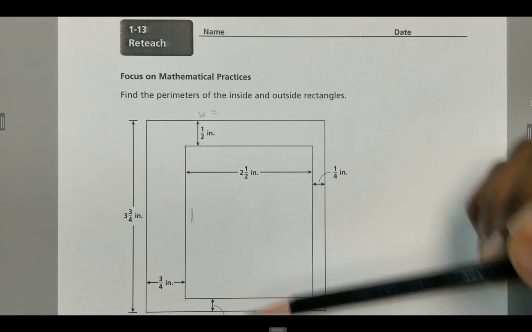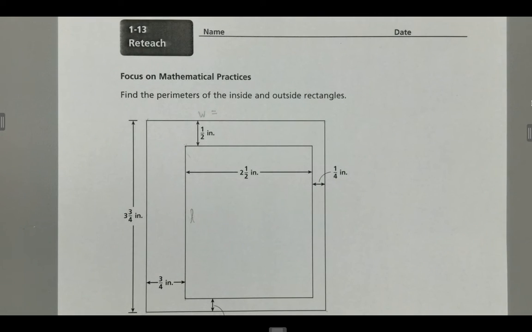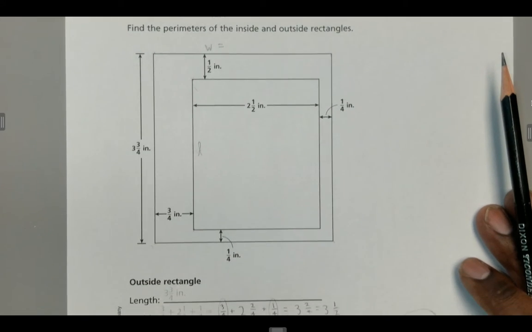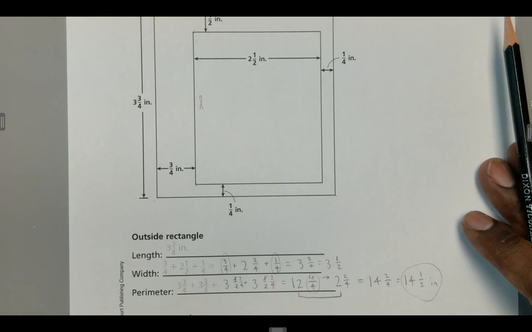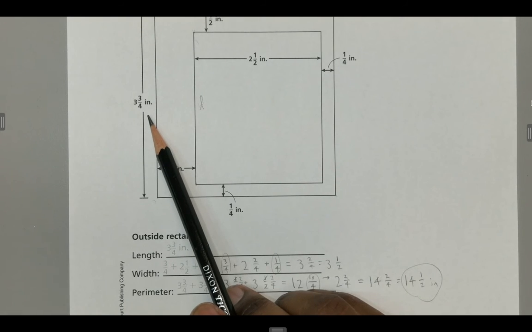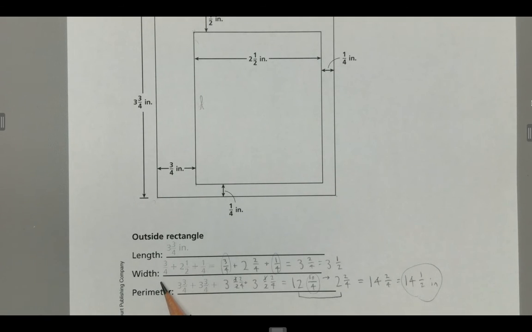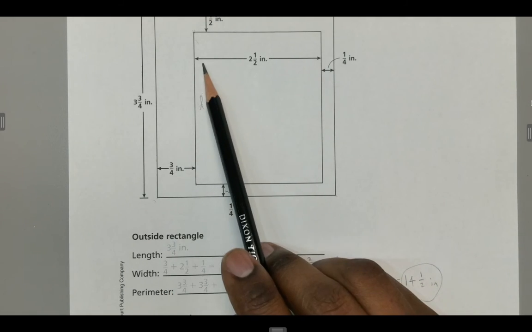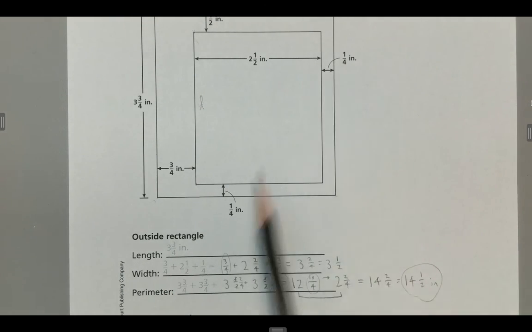Why don't we go ahead and do our calculations for the outside rectangle first? And I have actually done this work already. Let me talk you through it. The length, as we said, has been given to us, 3 3/4. The width we need to calculate. We do that by taking the 3/4 plus the 2.5 plus the 1/4. I need a common denominator here, and 4 is a good choice.